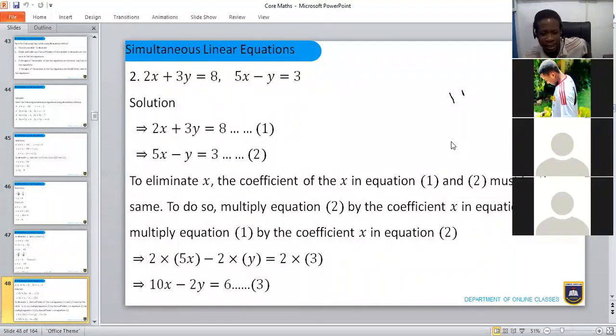But in equation 1 and 2, the coefficients are not the same. We have 2 in equation 1 and 5 in equation 2 being the coefficients of x. So they are never the same. So you have to make them the same. To do so, multiply equation 2 by the coefficient of x in equation 1 and multiply equation 1 by the coefficient of x in equation 2.